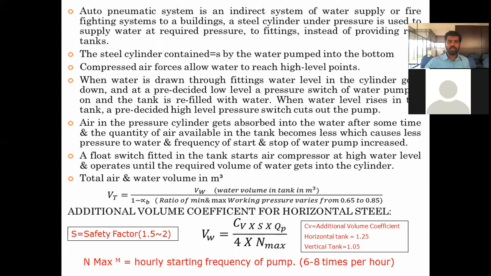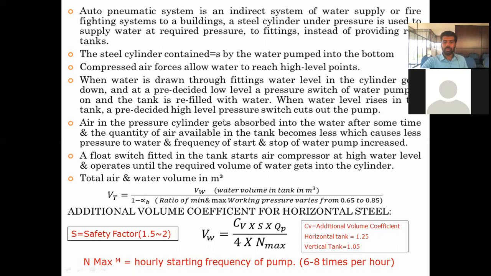So, the total air and water volume in meter cube. Inside that cylinder, the total volume will be the volume of air plus the volume of water. There will be a volume of water and another layer of volume of air. So the total volume of that cylinder will be volume of air plus volume of water.